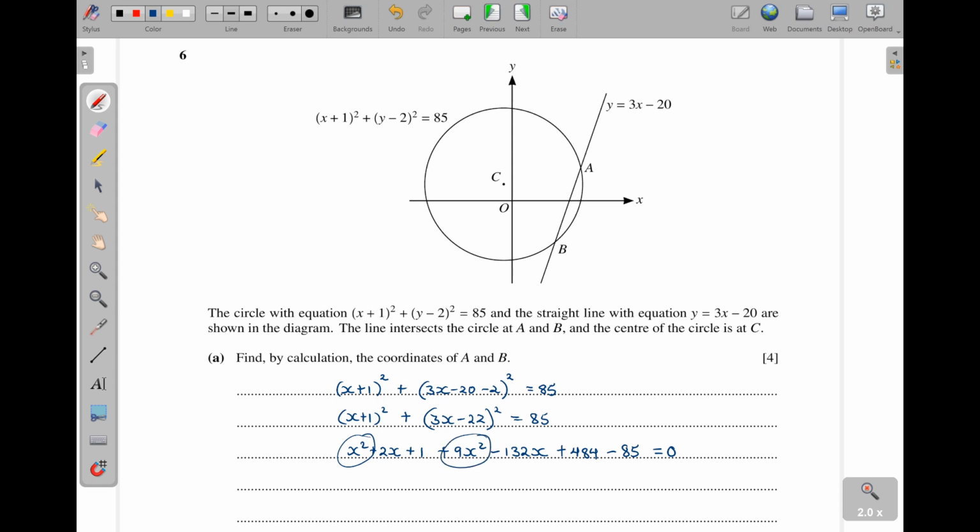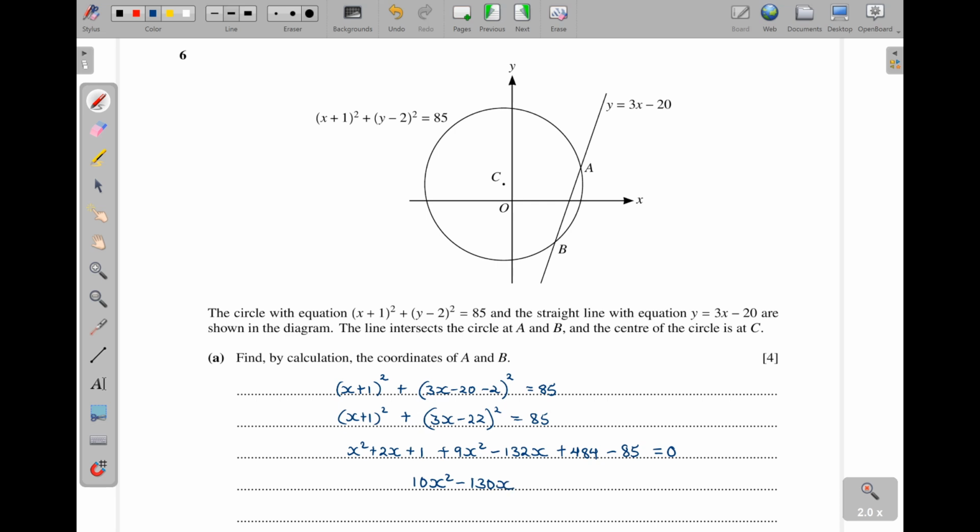x squared plus 9x squared gives us 10x squared. And then 2x minus 132x gives us minus 130x.